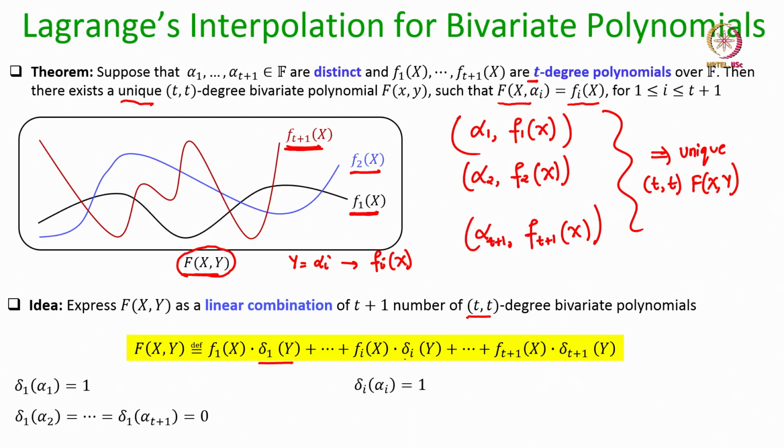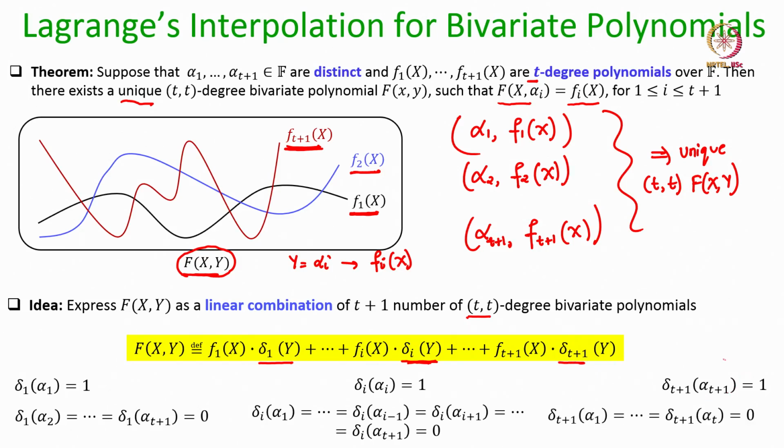In the same way, if I take the ith delta polynomial, it should have the property that when evaluated at alpha I, this polynomial should give me the value 1, and all the remaining alpha values should be the roots of this delta I polynomial. So, again it has t number of roots. That is why its degree will be t, and like that if I take the t plus 1th polynomial, then it should give me the value 1 at the t plus 1th evaluation point, and all the remaining t evaluation points should be the roots.